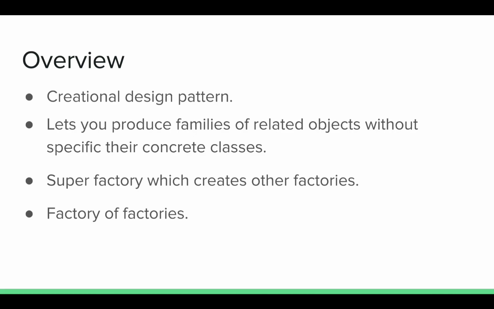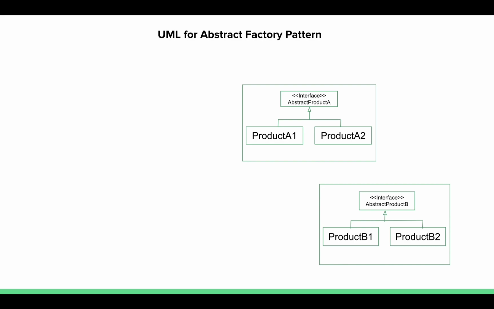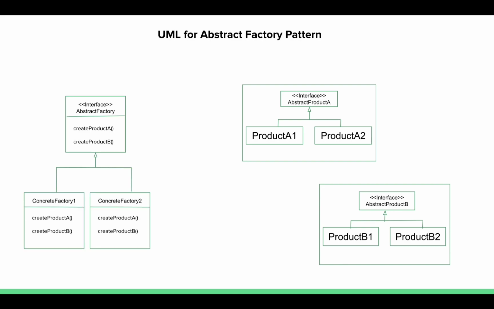I'll explain this definition with the help of a UML class diagram. In this diagram, we have an abstract product, which is an interface, and concrete classes called products, which implement this abstract interface. And then we have AbstractFactory, which is again an interface for operations that create abstract products.